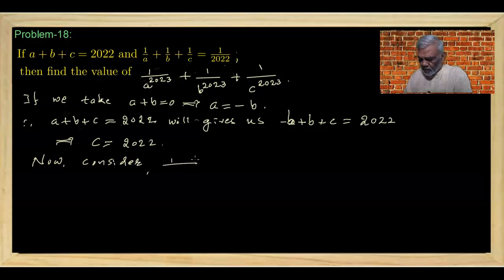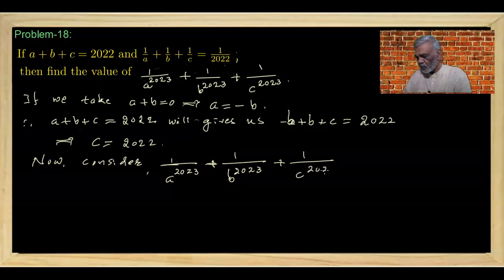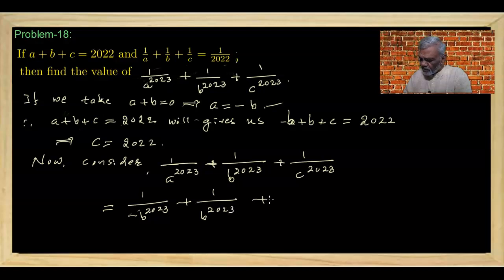Now consider 1 by a raised to 2023 plus 1 by b raised to 2023 plus 1 by c raised to 2023, and that equal to 1 by a raised to 2023, I can replace a by minus b, because we have found that a equal to minus b, raised to 2023, plus 1 by b raised to 2023 plus 1 by c raised to 2023.